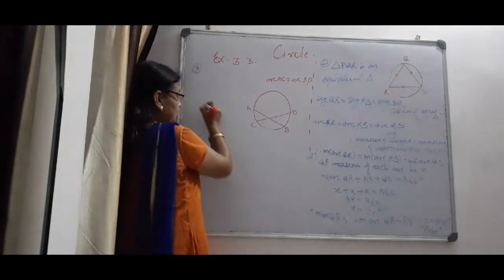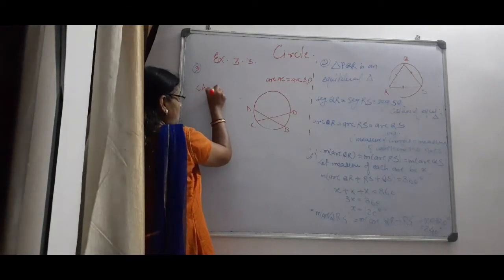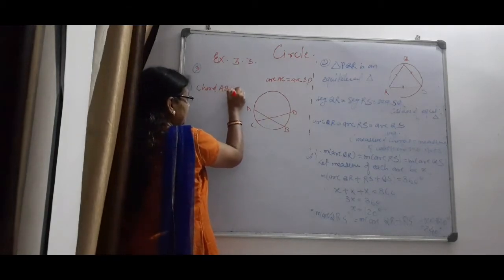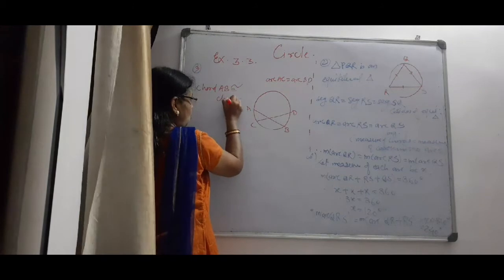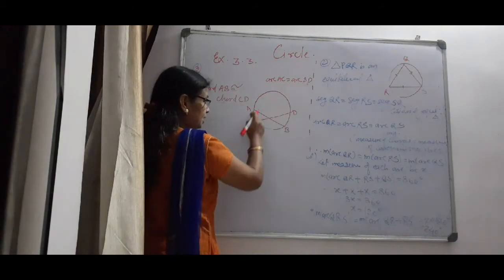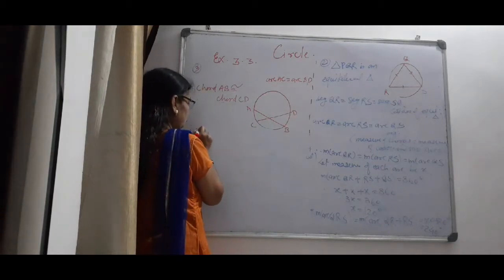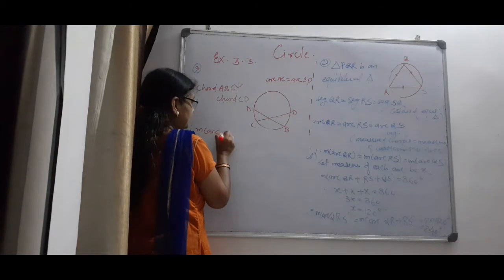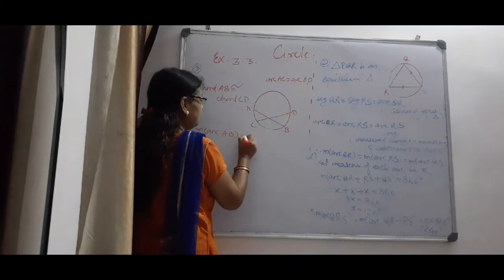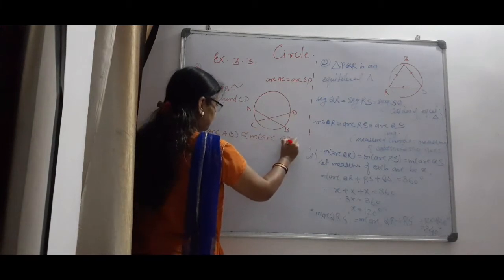Now see here, what is given? Chord AB is congruent to chord CD. Now if chords are equal, then the corresponding arcs are also equal. And therefore the measure of arc AB is congruent to the measure of arc CD.